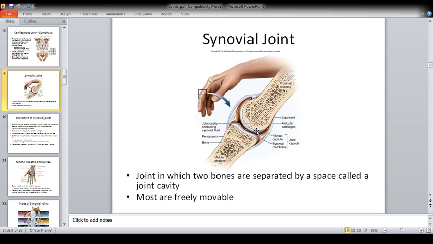Or if any object falls from a height and hits a hard surface, that would have effects on that object. It would undergo some kind of damage. The same is the case with our bones. When we stand, if one bone directly hits the other bone, it would cause damage to the ends of both bones.